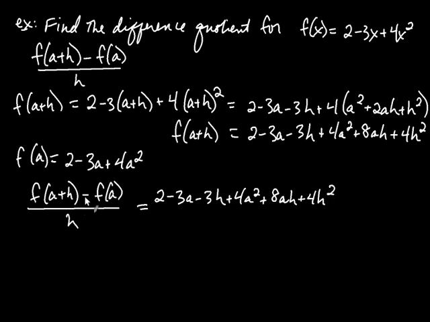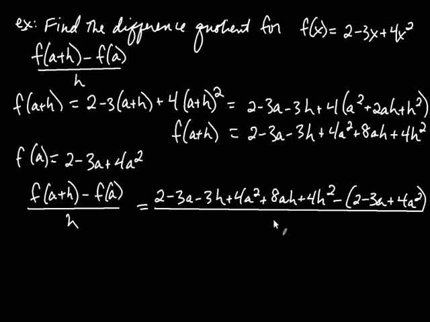Okay, and then take away f at a. Now all of this is f at a. Now whenever you subtract a sum or a difference, you're going to need parentheses around that quantity. So I'm going to subtract off all of this. So it's going to be minus 2 minus 3a plus 4a squared. That's the numerator, and then all divided by h.